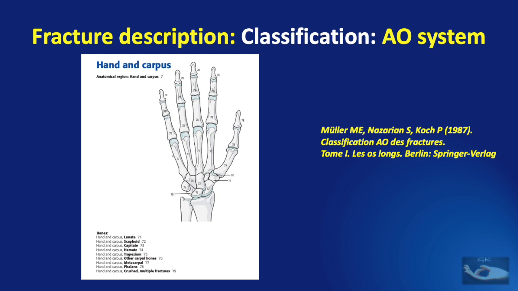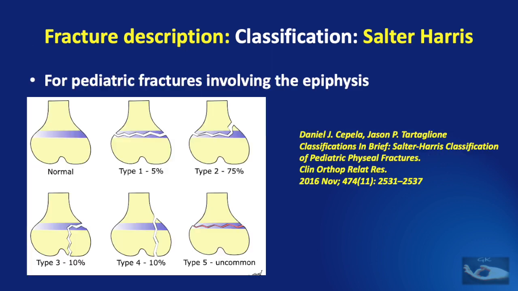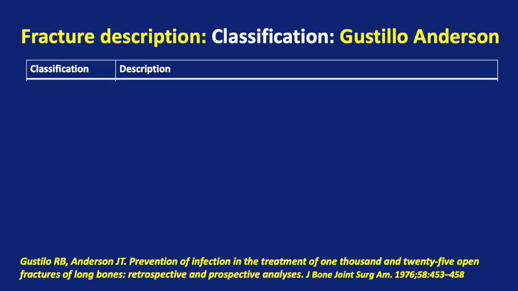The AO system is a very detailed system for every bone in the body which has a prescribed number and the part of the bone is also given a subtype. The Salter-Harris classification is for classification of pediatric fractures involving the epiphysis. The Gustilo-Anderson classification classifies compound fractures of the bones.